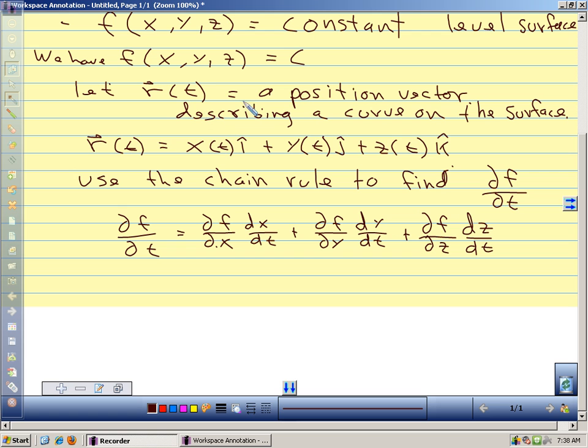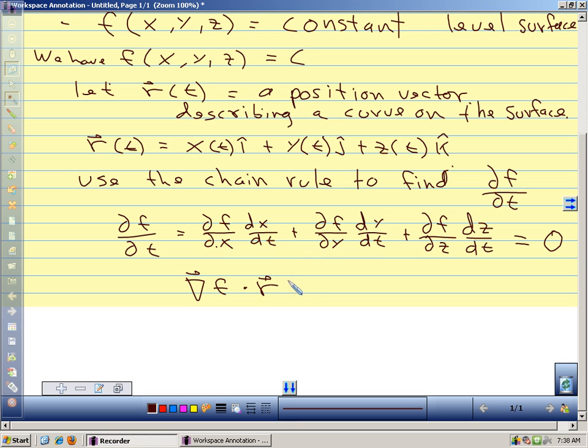Now since we have f of x, y, z as a constant, what is this derivative? 0. So this equals 0. And if we look at the form of this expression right here, what does this look like? This looks like a dot product. This is del f dot dx dt, dy dt, dz dt.